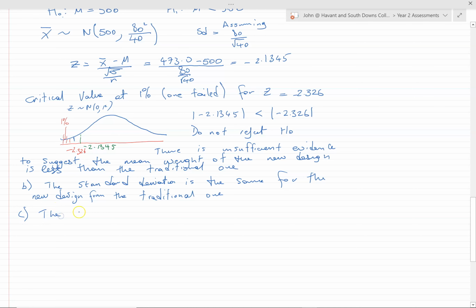So, yes, because what the central limit theorem says is that even if the parent population is not normally distributed, if the sample size is sufficiently large, we can use the central limit theorem.